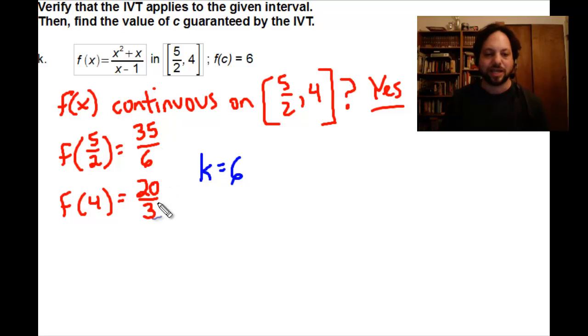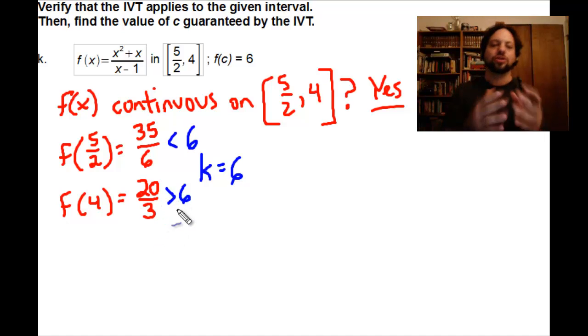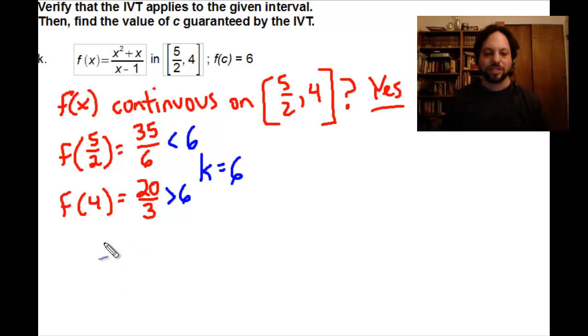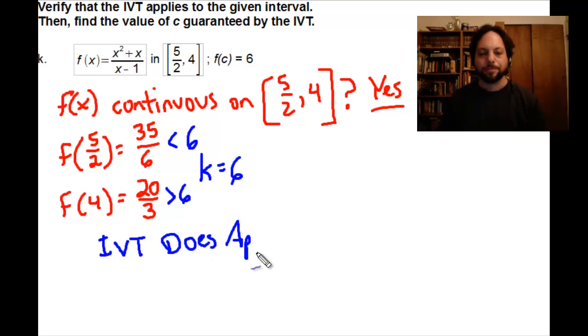Is 6 actually between these two? Well, 6 is higher than this, and 6 is lower than this, and so certainly 6 is captured between those two y values. What does this mean to us? It means that the IVT does apply, and that's good news.